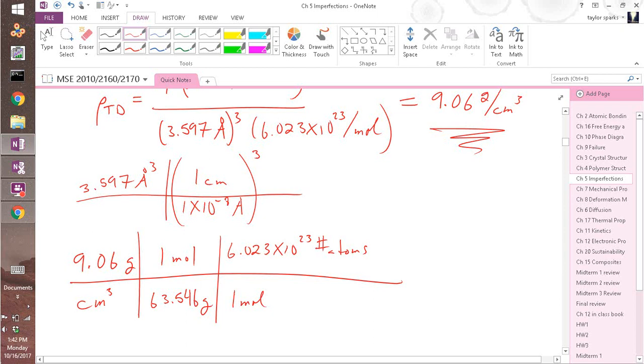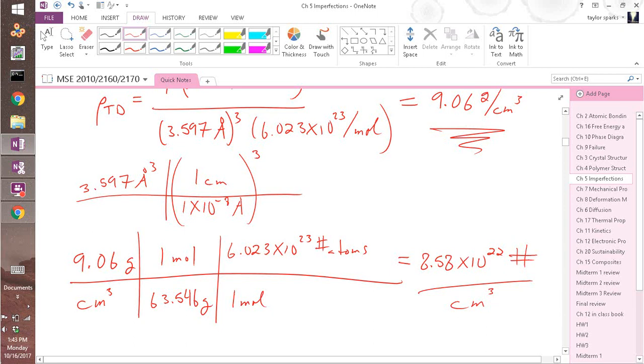Okay, so what does that come out to? 8.58 times 10 to the 22nd, did you say? Somebody else getting that? So that's the number of atom sites per cubic centimeter here, right? Everybody following so far?